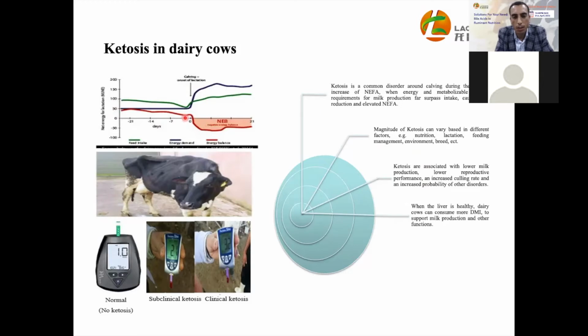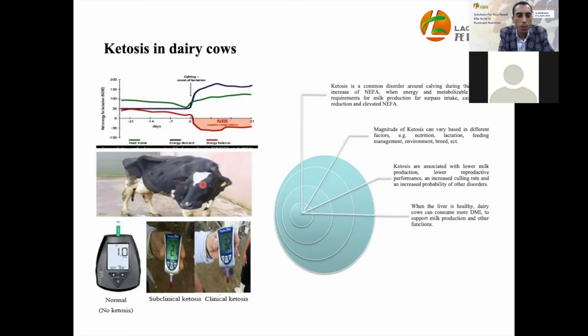So the cow undergoes negative energy balance and also negative metabolizable protein balance. That means the cow at that time needs to hydrolyze fat from its adipose tissue to support milk production and to fill the gap between the consumed dry matter and milk production. This occurs during the first few weeks after calving, commonly 3 weeks after calving.